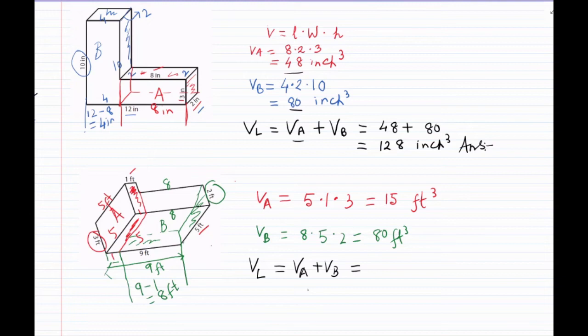That means VA, 15, plus VB equals 95 feet cube. And this is my final answer, the total volume of this geometric figure.